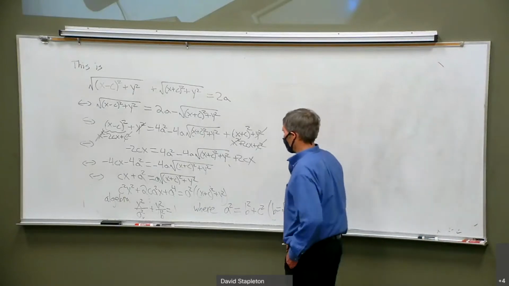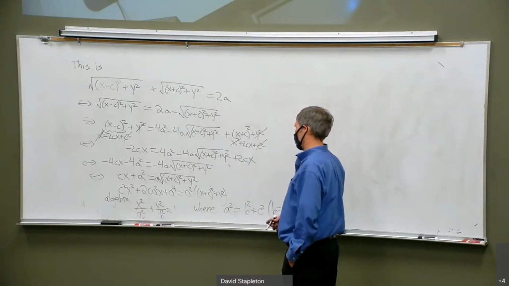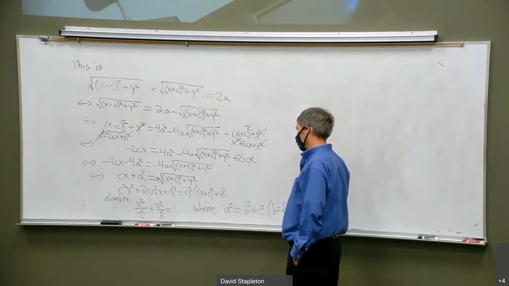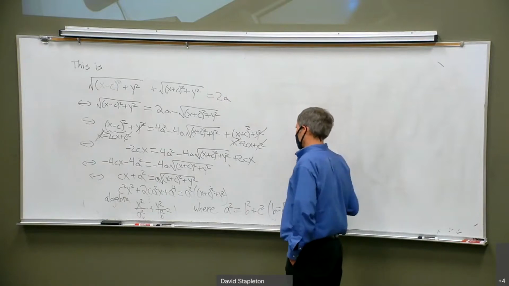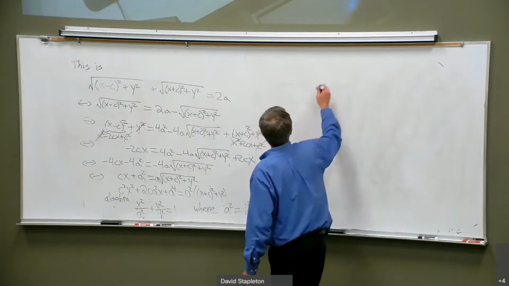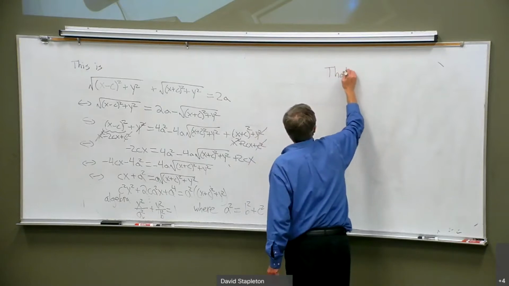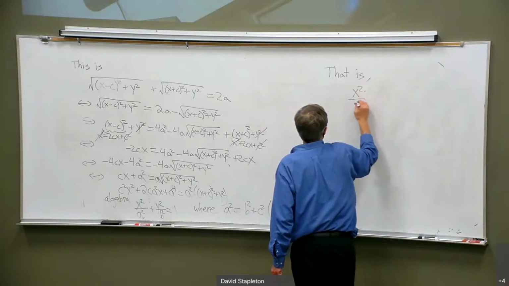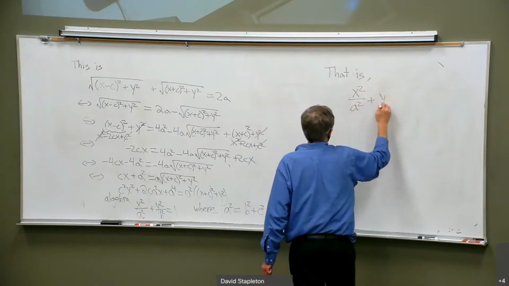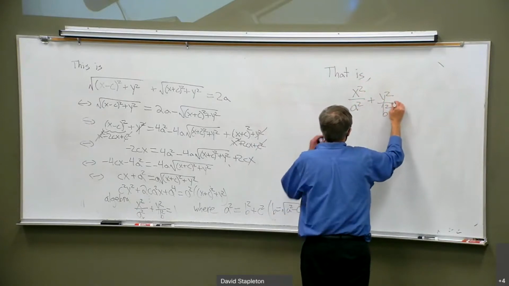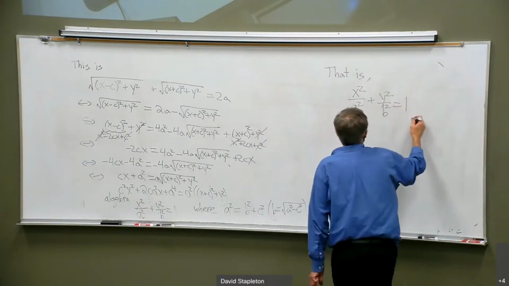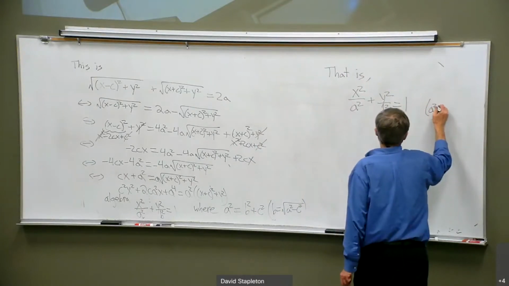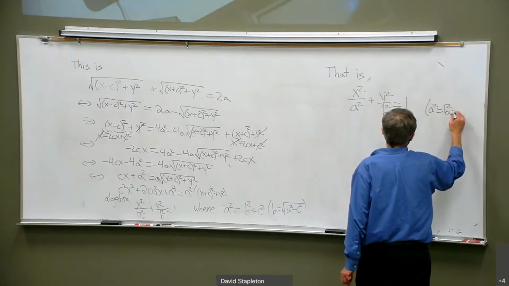And that is the equation for the ellipse with foci at plus or minus c, and sum of distances 2a. So this is the ellipse in standard position, x squared over a squared plus y squared over b squared equals 1, with a squared equals b squared plus c squared, relating these three numbers a, b, and c.